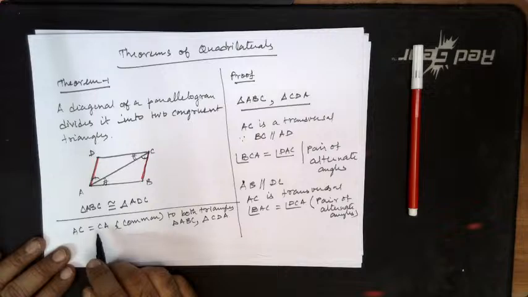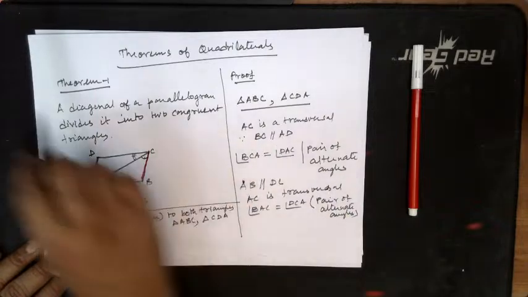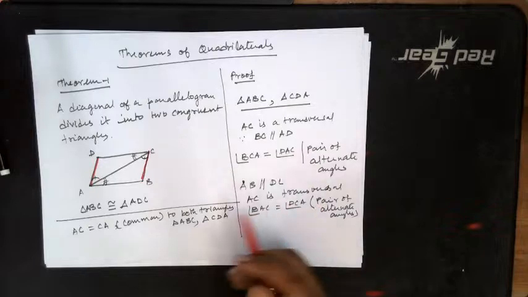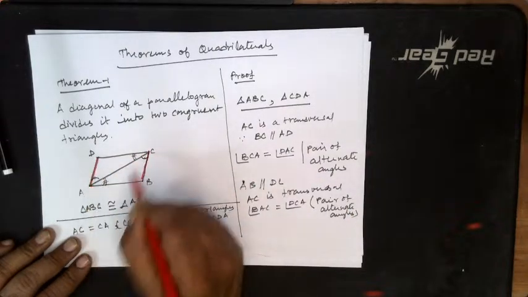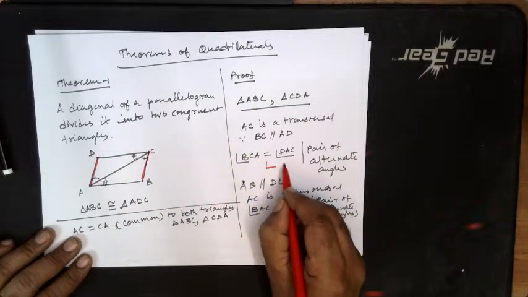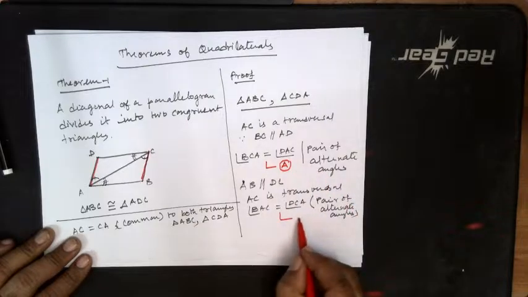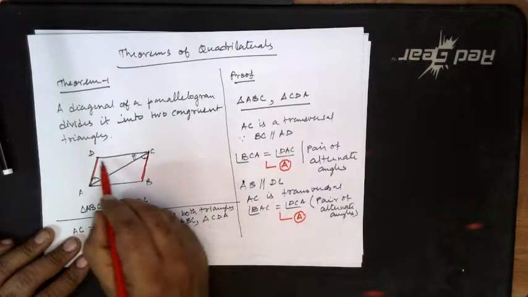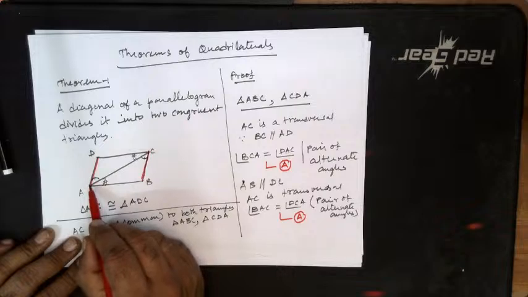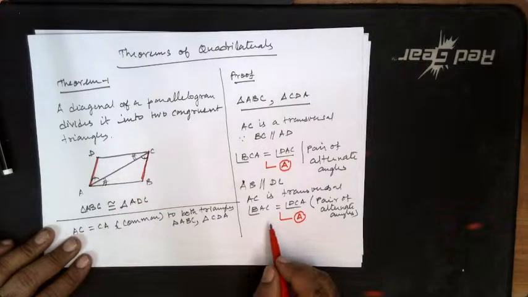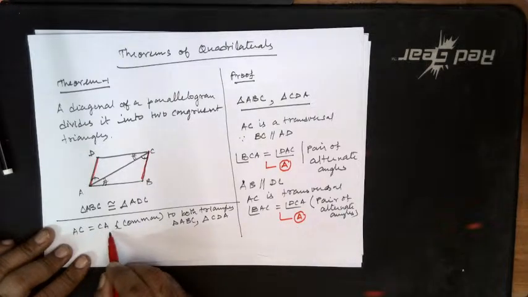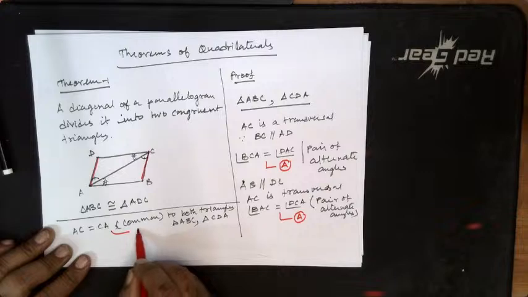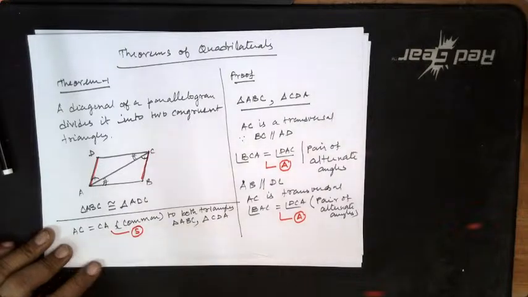Now the corresponding angles here, BCA and DAC, are equal, correct? Here also the corresponding angles are equal, that is DCA is equal to BAC. Are you able to follow? And here the common side, so sides are equal, right?